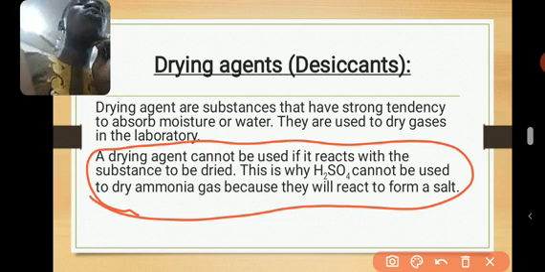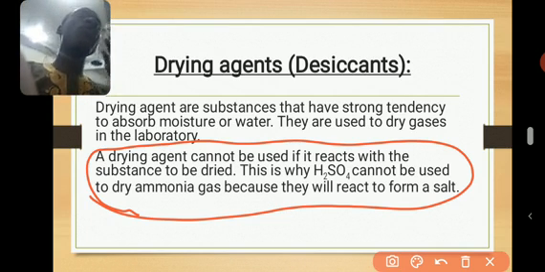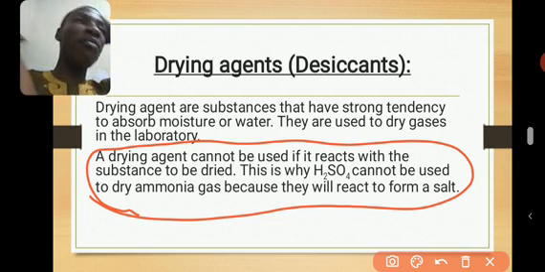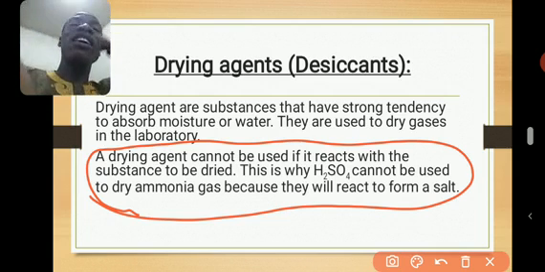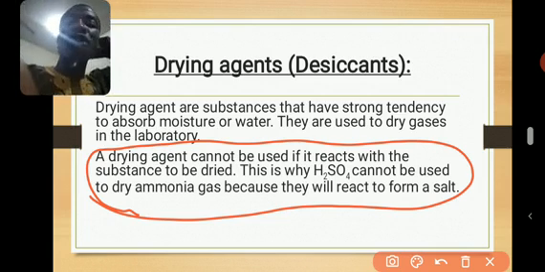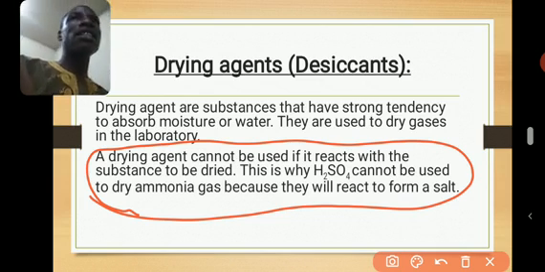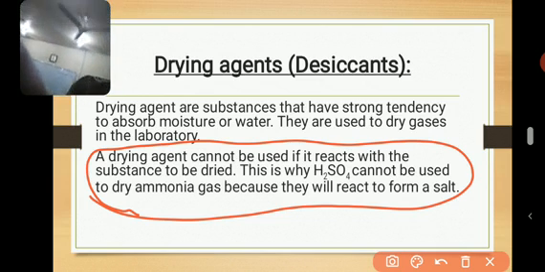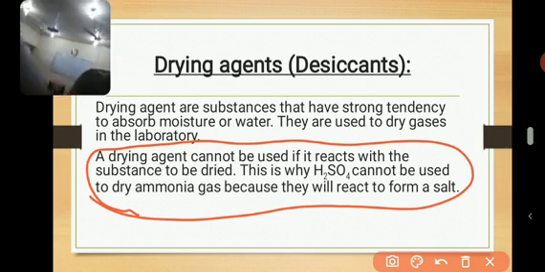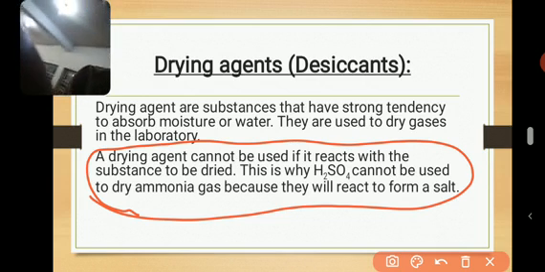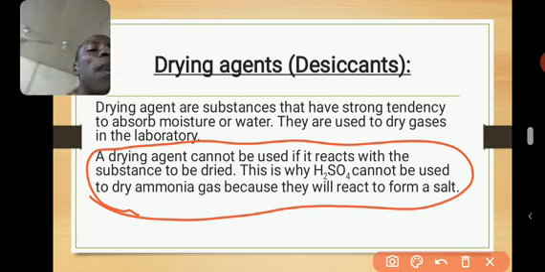You cannot use conc H2SO4 to dry ammonia gas. It will not work, because both of them will react together. So you will not use a drying agent to dry another gas if the gas will eventually react with the drying agent.